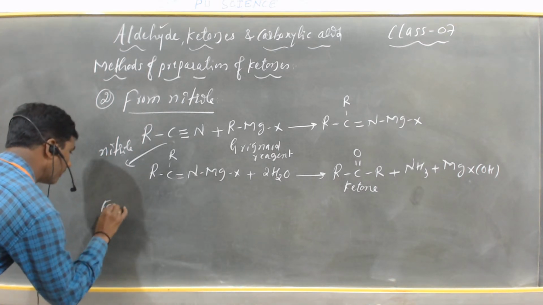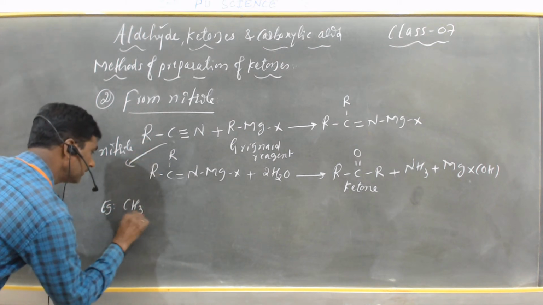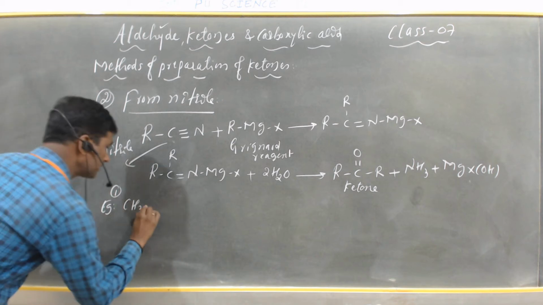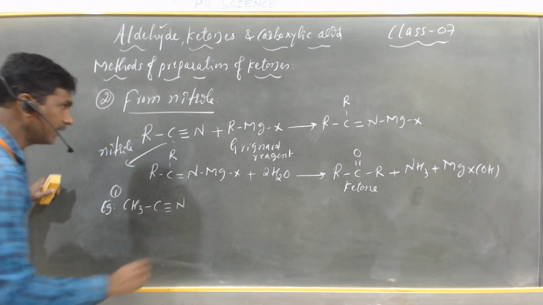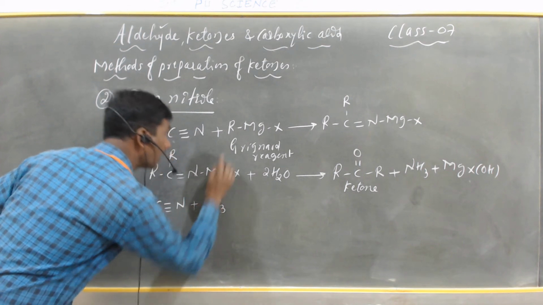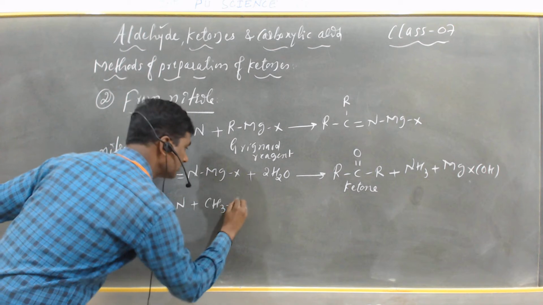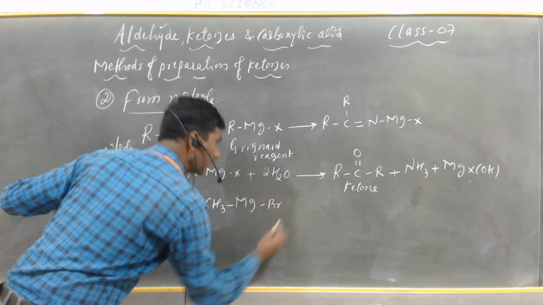What is the example? R I can take as CH3. This is example 1. CH3 C triple bond N is methyl cyanide, plus R I can take as CH3, so CH3 MgX, where X is Br.